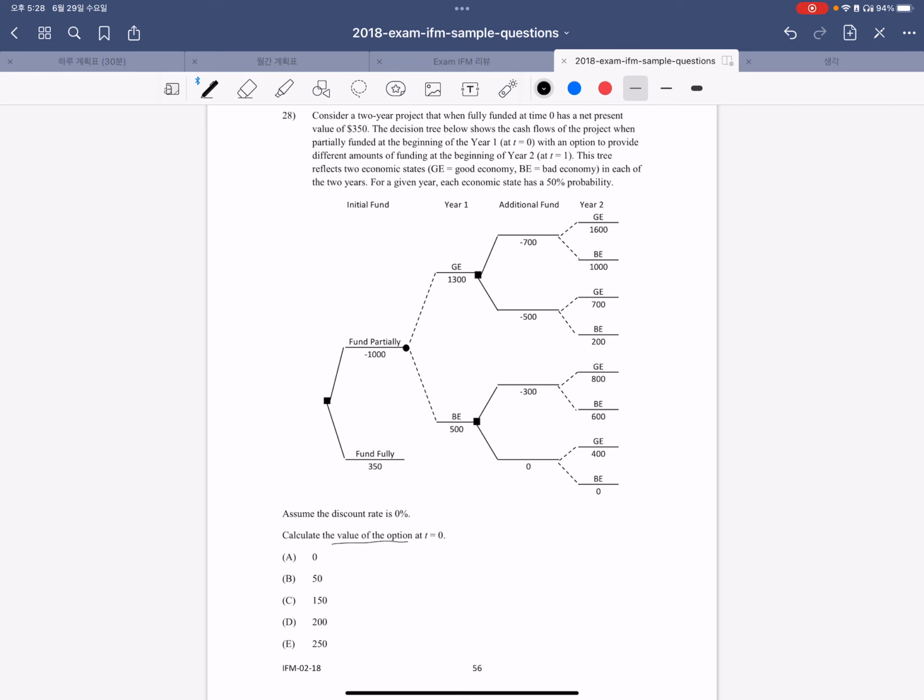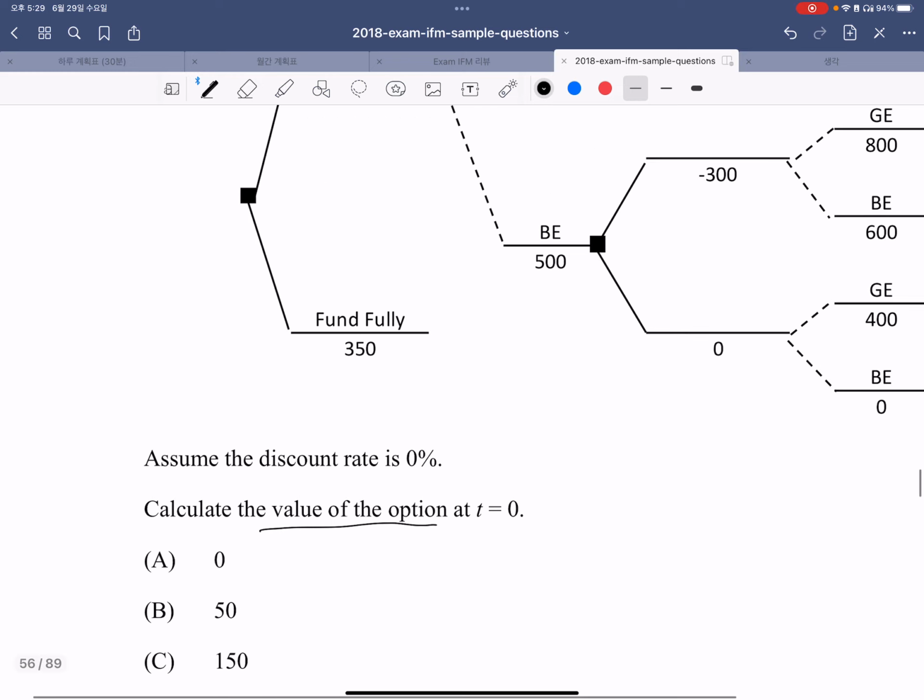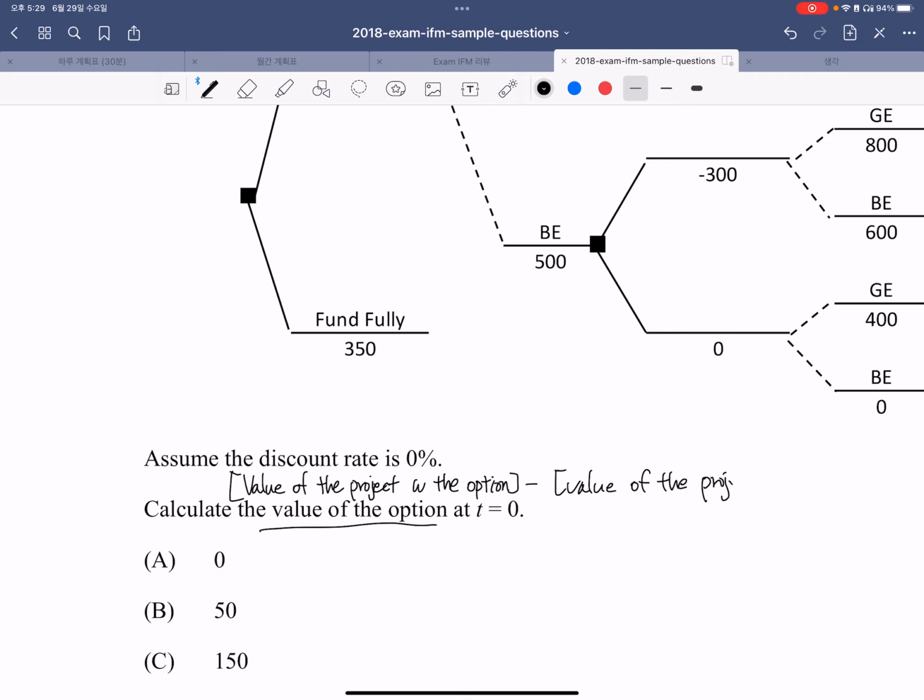All right, to calculate the value of the option is the value of the project with the option minus the value of the project without the option.